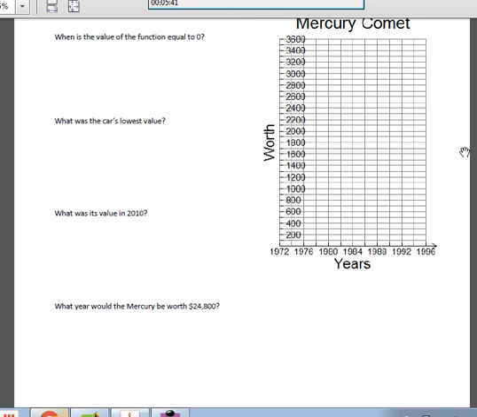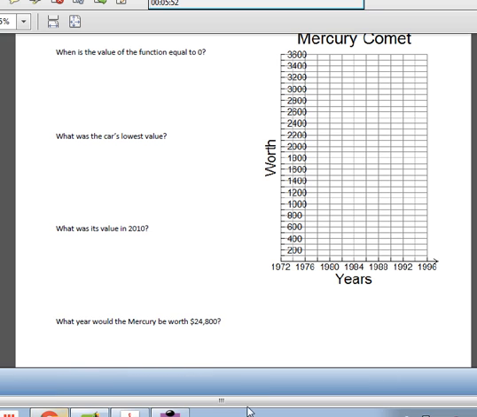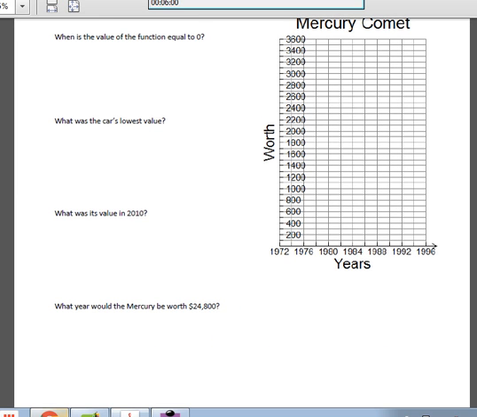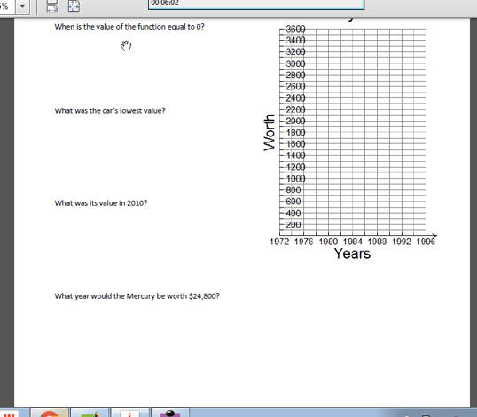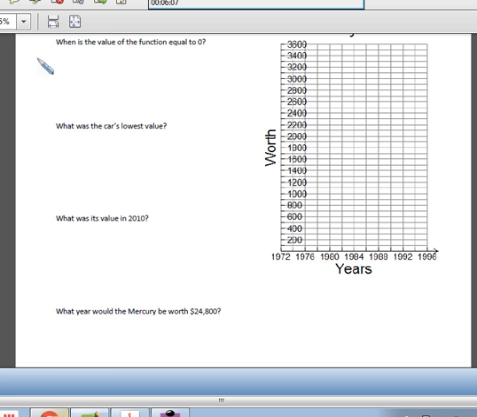Now, before we fill in this part here, I've plugged in the values in my calculator. Actually, let's answer the first question. Let me move the screen a little bit more. When is the value of the function equal to 0? And the answer is never.